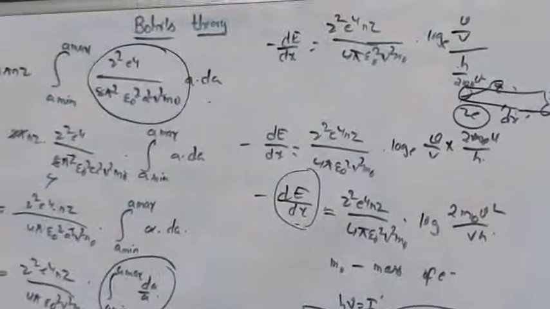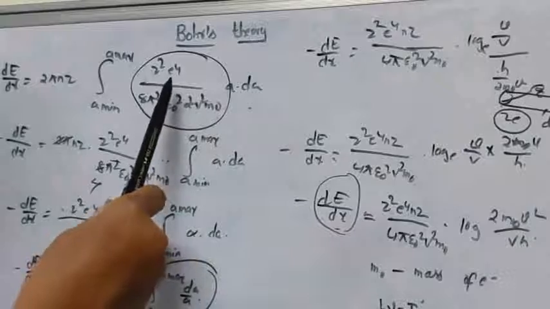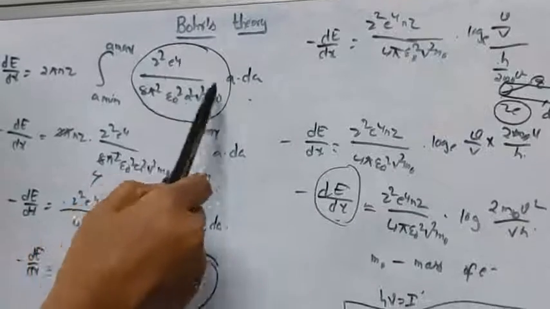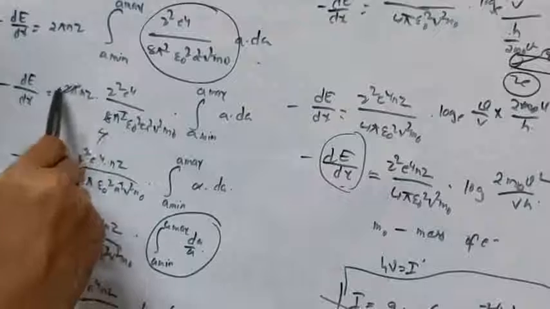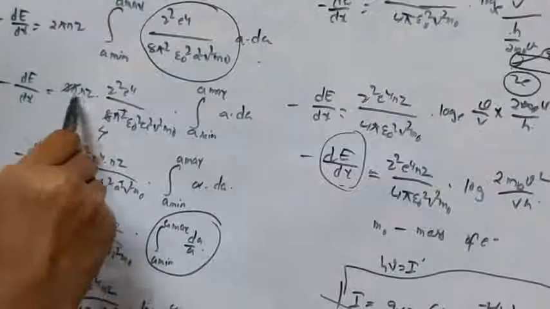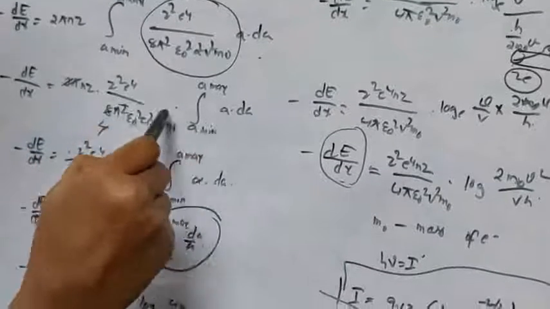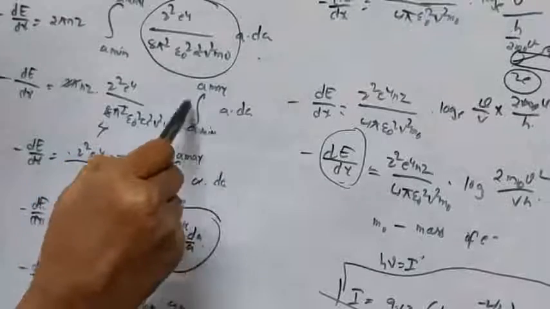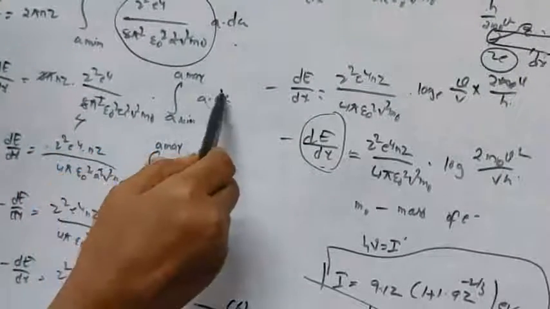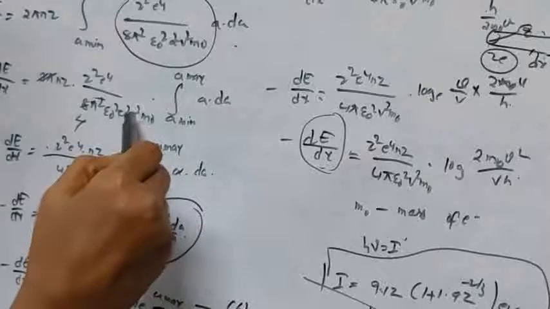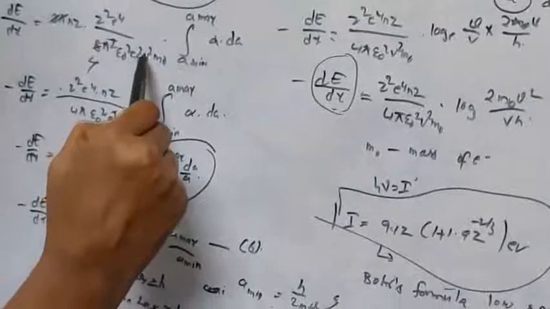Now from this equation I brought the whole constant term out of the integral. Then some terms get cancelled: the 2s, the 4s, pi, and the squares. Here A and A square are there, so one A cancels, and only one A is present in the denominator.